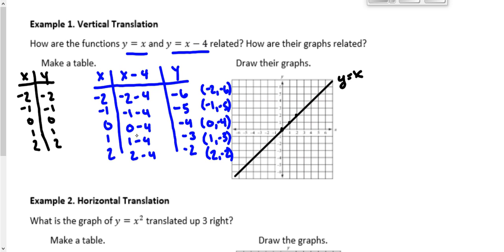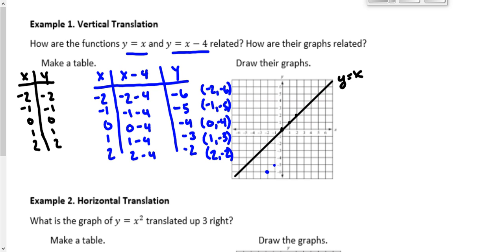Notice that what happened actually is my x values stayed the same, but all of my y values changed. That's because it's a vertical translation. It moves the y values. Okay, so we're going to go ahead and plot these points. So at -2, we're at -6.